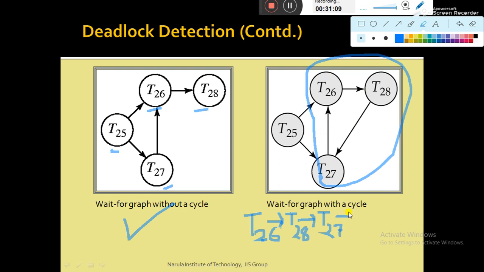This is the definition of deadlock I've already mentioned in the beginning of this lecture. It means there is a circular wait among the transactions.